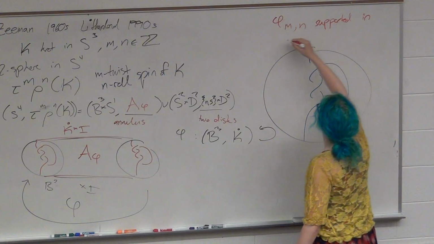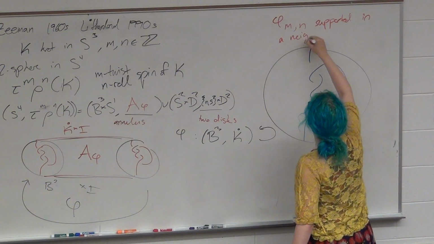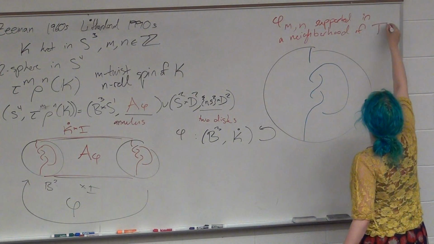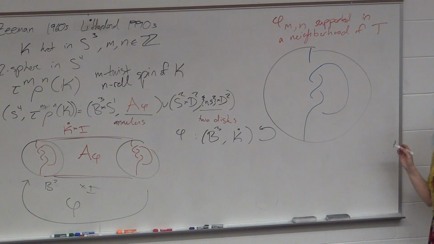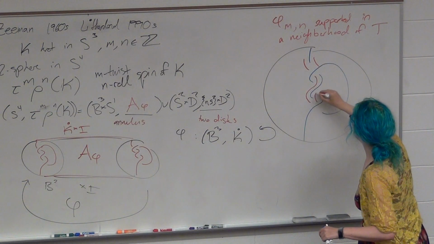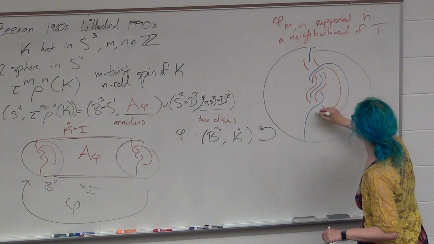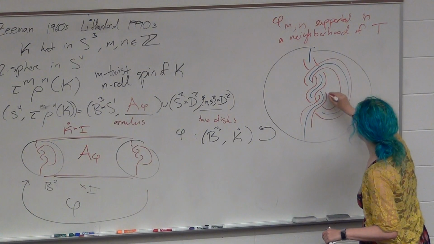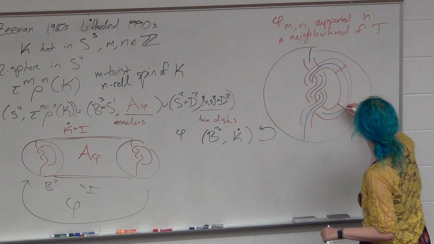in a neighborhood of a certain torus. Here's a torus that I can always find. I'm going to take first a cylinder that is just the boundary of a tubular neighborhood of this tangle in the interior of the ball.